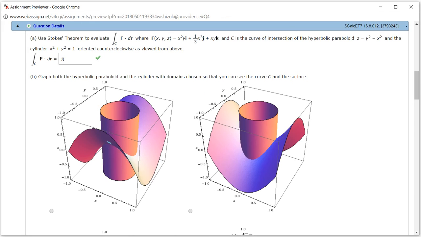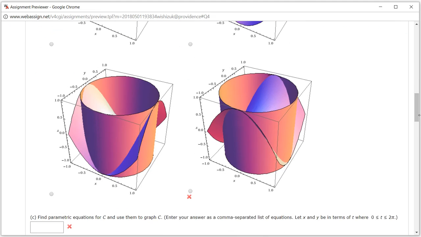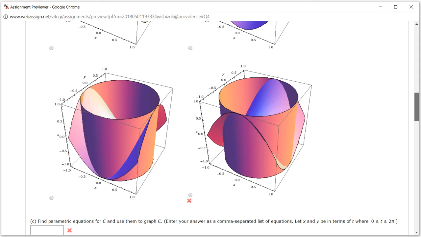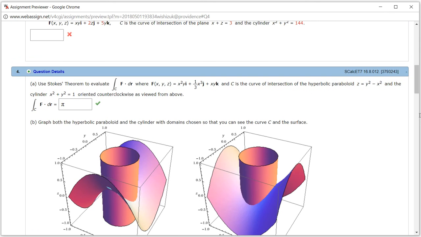Now let's look at part B: graph both the hyperbolic paraboloid and the cylinder. Looking at the cylinder, the radius is 1. Here it looks like the radius is only 1/2, and the same here, so it's going to be the bottom 2. Then the surface is a hyperbolic paraboloid.